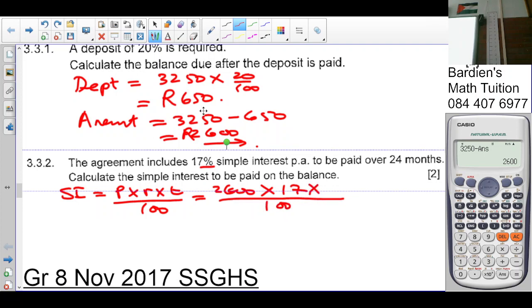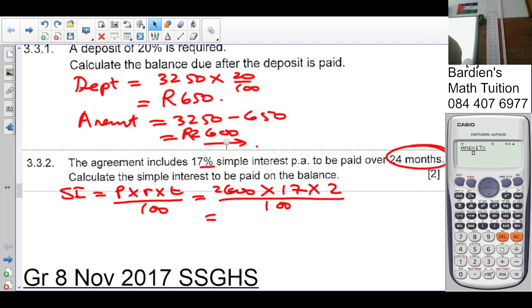Your time is in years, but 24 months is how many years? 2 years. So 2,600 times 17 times 2 over 100. So the interest is 884 Rand over those 2 years. This is the simple interest that needs to be paid on the balance.